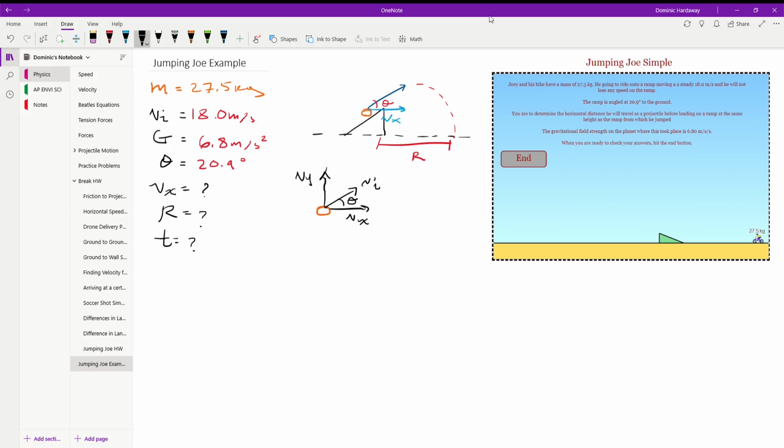And so using basic trigonometry, we know that the velocity in the x is going to be equal to the initial velocity times cosine of theta. And so Vx is going to be equal to the initial velocity 18.0 times the cosine of 20.9.